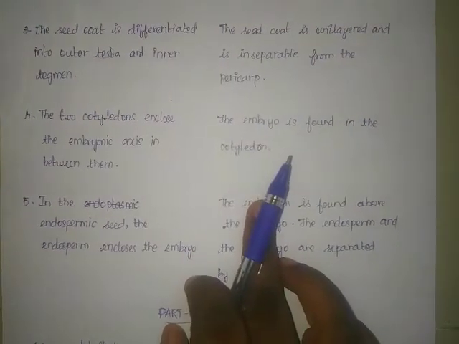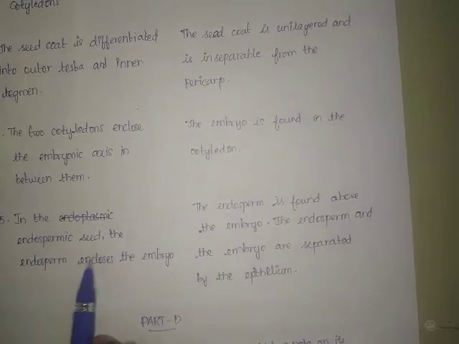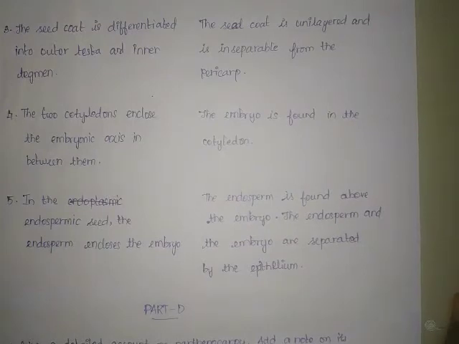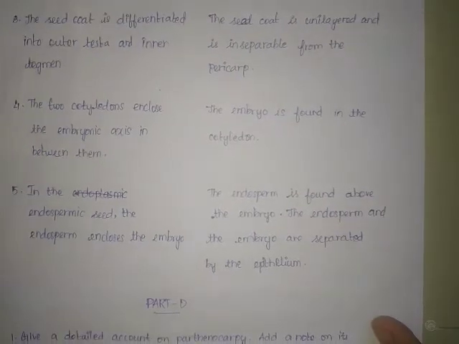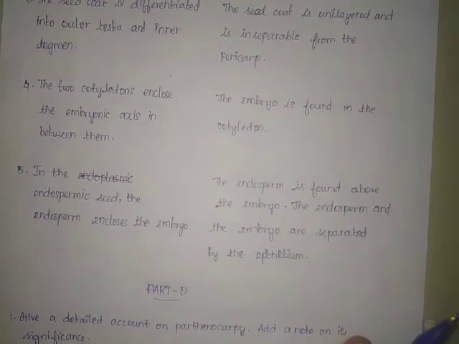Next, fifth point, in the endospermic dicot seed, the endosperm encloses the embryo. For monocot seed, the endosperm is found above the embryo. The endosperm and the embryo are separated by the epithelium.